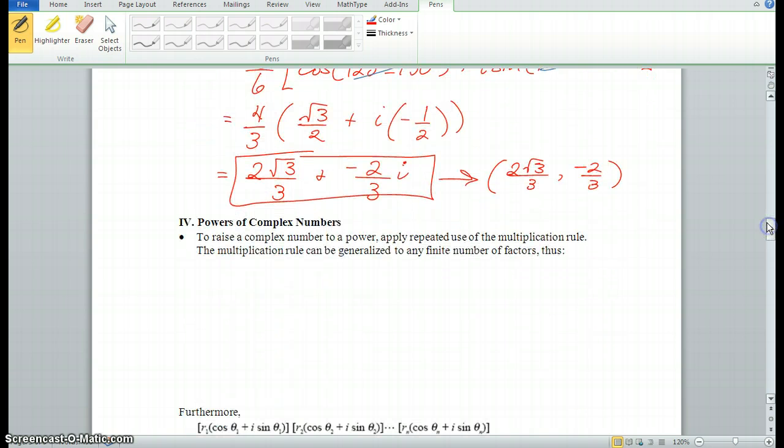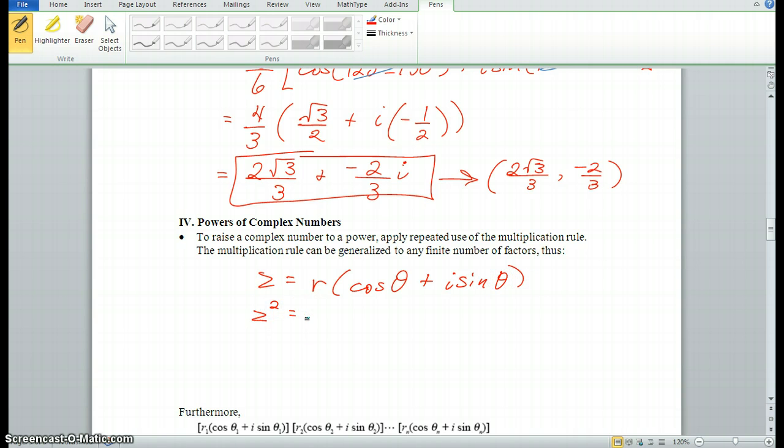All right, moving on to powers of complex numbers. To raise a complex number to a power, apply repeated use of the multiplication rule. The multiplication rule can be generalized to any finite number of factors. Thus, we'll start off with what z is simply equal to. So z equals r times the quantity cosine theta plus i sine theta.